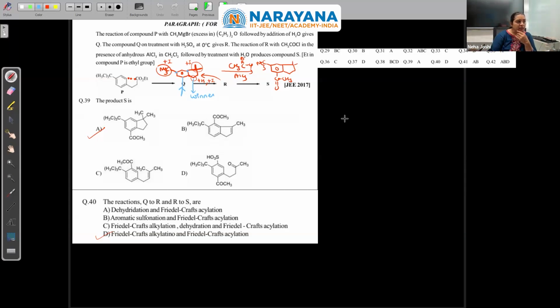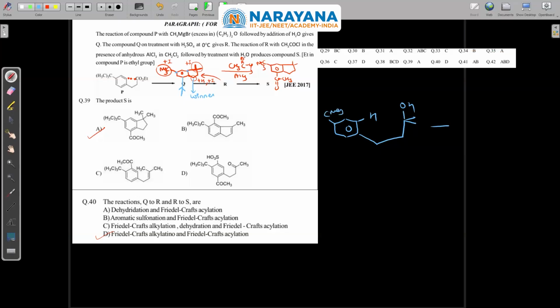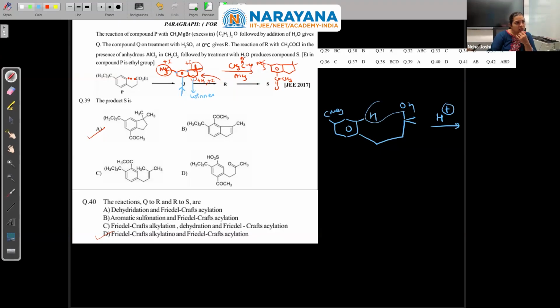What I want to say is, there is H here, and this was CMe3. So when they consider this, it is not taken as dehydration. Dehydration is considered when there is alkene formation, elimination. This is substitution. So they do not take it as dehydration.